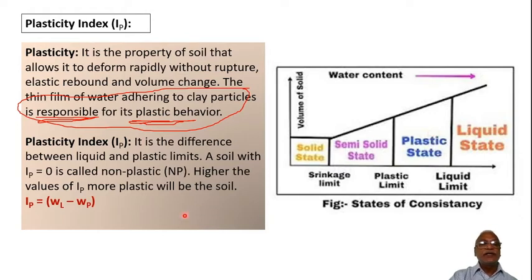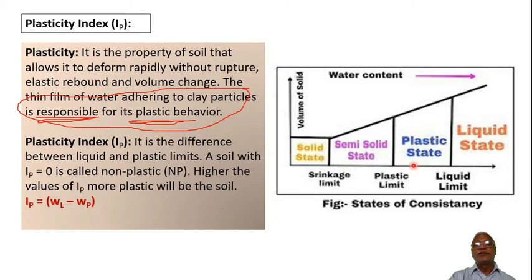Now say there is one more soil wherein liquid limit is 50 and plastic limit is only 10. Then you get a window of around 40%. Here it is 50, here it is 10%, means 40% range in which the soil is in plastic state.